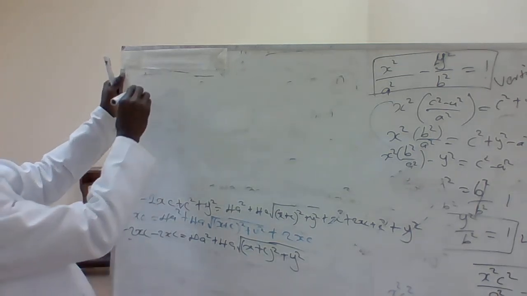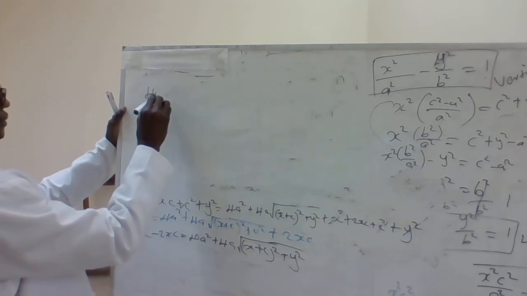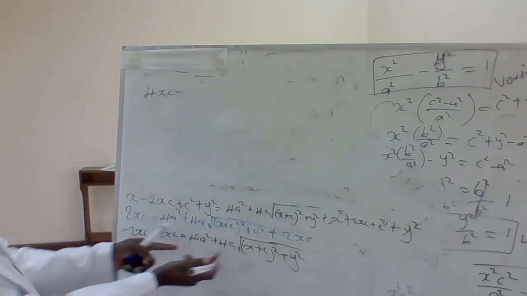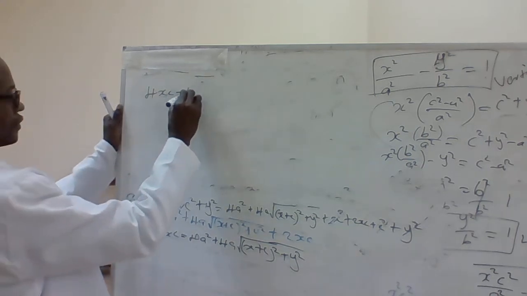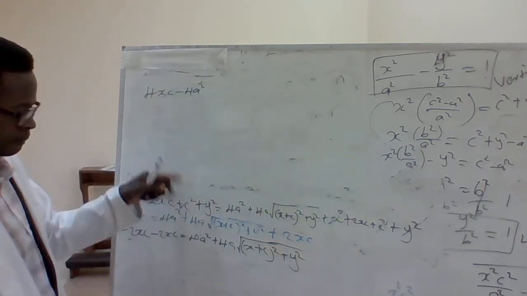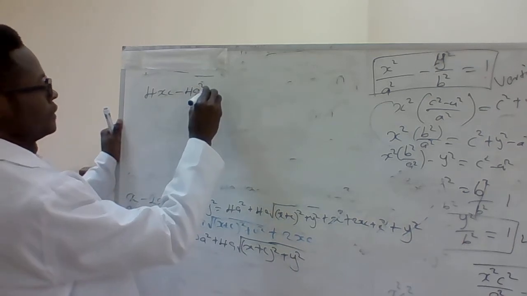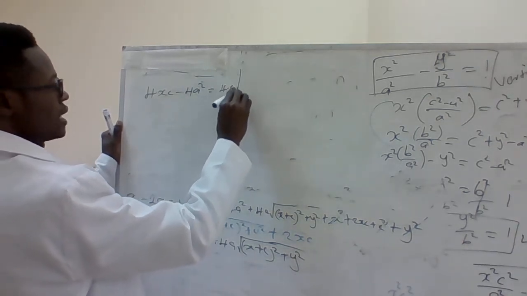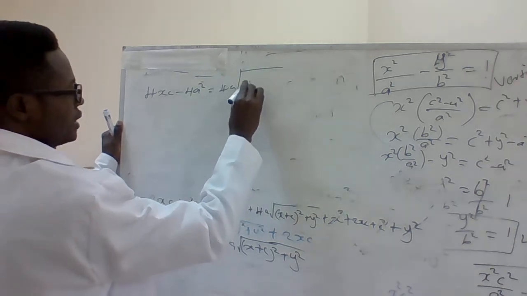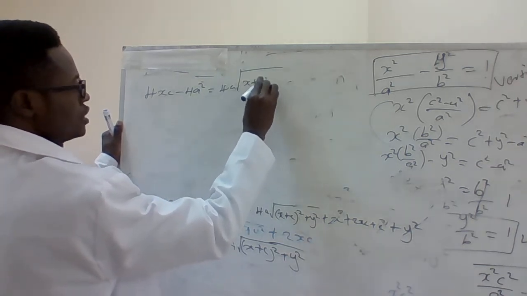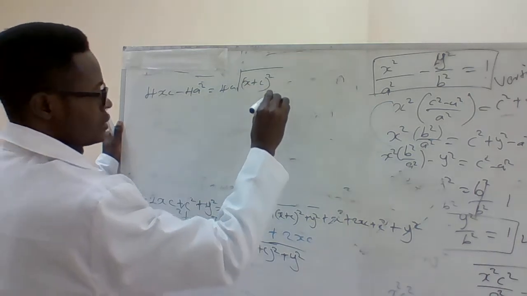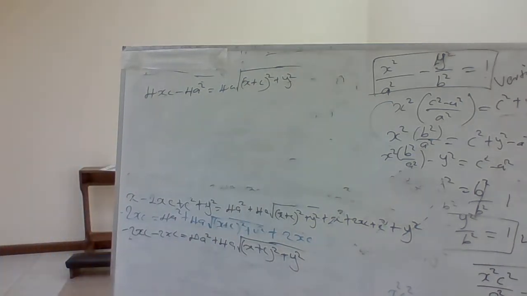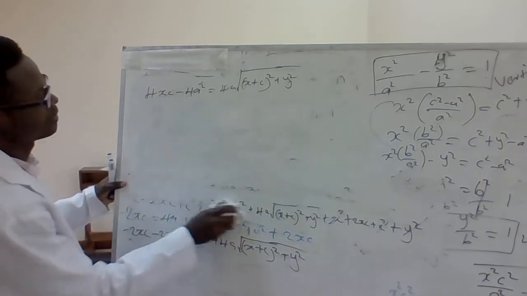If we bring them together, that will be minus 4xc, and we take this 4a squared to this side to give us minus 4xc minus 4a squared is equal to 4a times the square root of (x plus c) squared plus y squared. So this is what we have now.